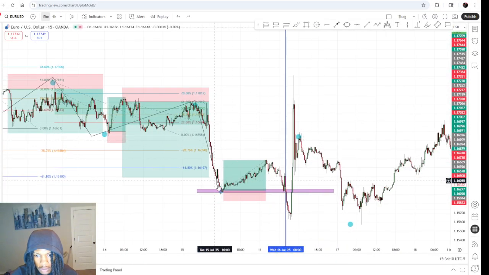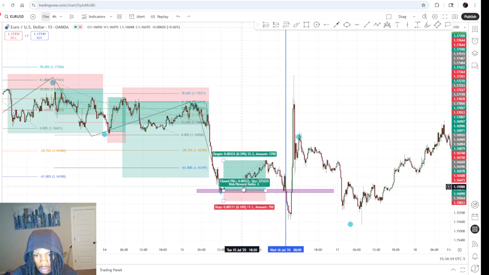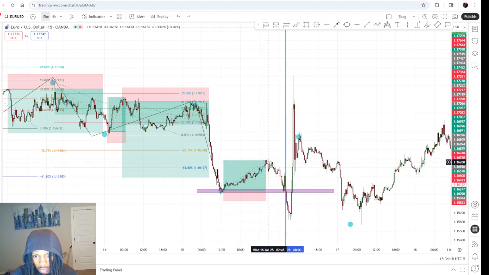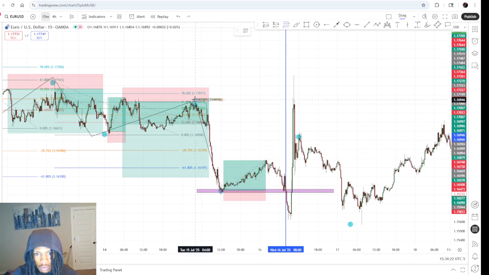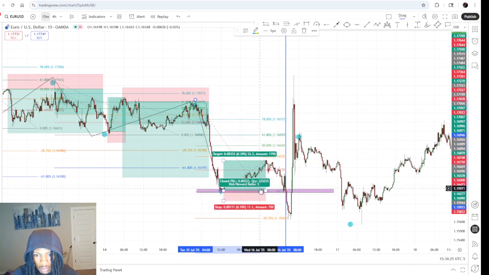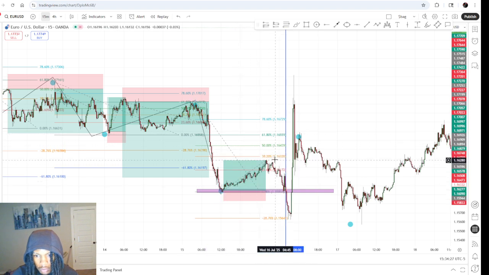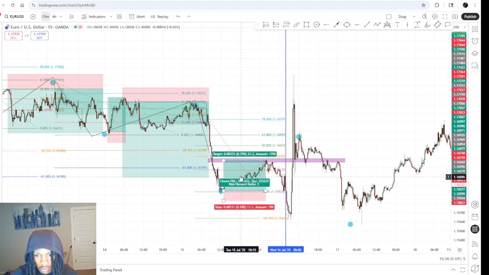So look, say you missed this. Well, say it did this and you just got in, right? And it went up and you was trying to hold it. Matter of fact, you know what's going down. It went around under this low right here. You didn't know what it was gonna do.